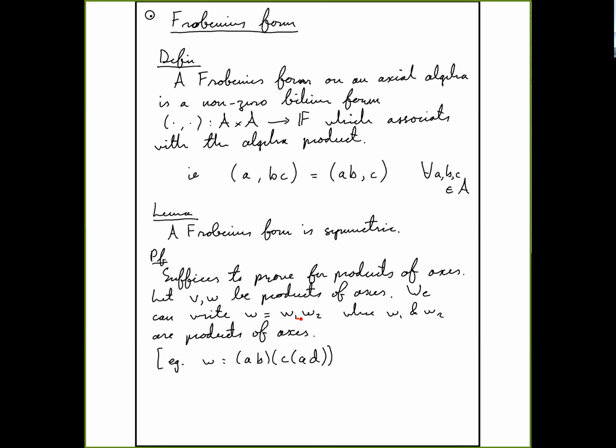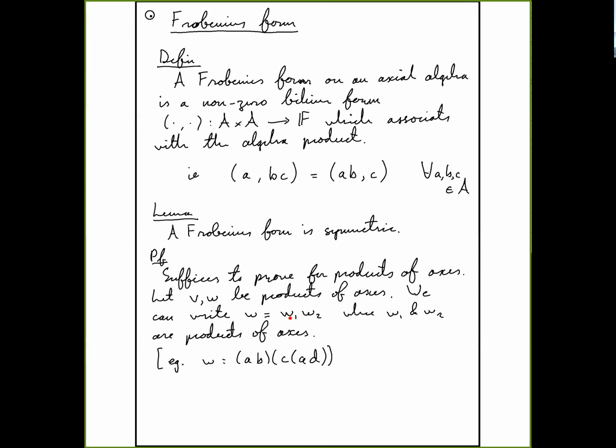When I pick W1 and W2, I don't get free choice over these, because there must be some outer brackets. So for instance, I can't pick W to be A times B times something to do with C, because this bracket is in the way.